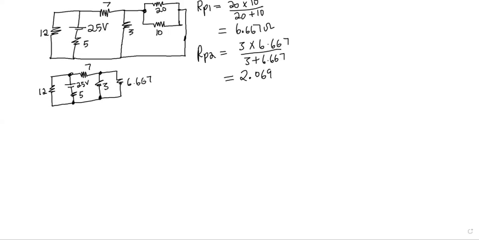So the combination of 3 and 6.667 is 2.069. So we'll redraw that circuit again.